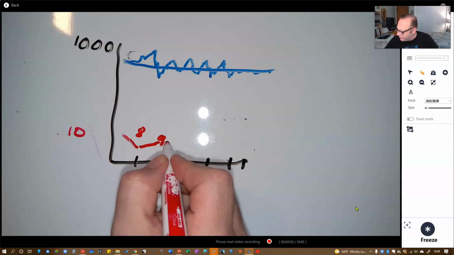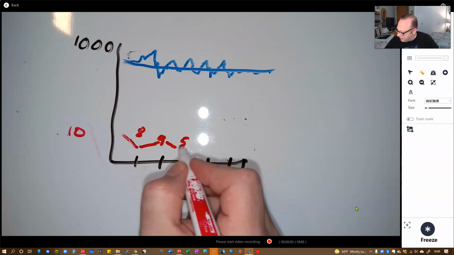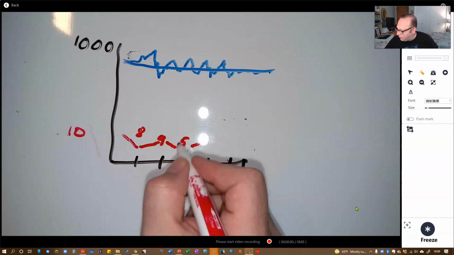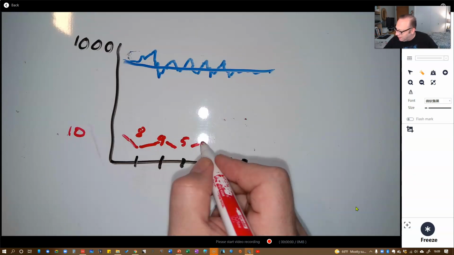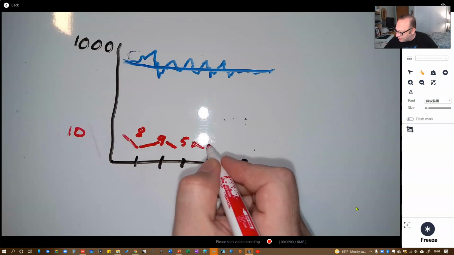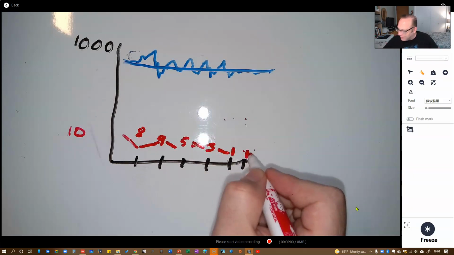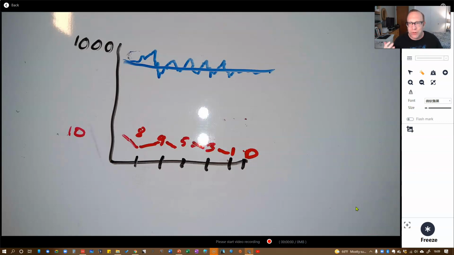And then let's say you lose 4 of those, you're going to be at 5. Could keep going down. If you have a couple of bad years, lose 3, lose 1. Now you have 1 individual left. It's really a crapshoot whether that person's going to pass on their genes.